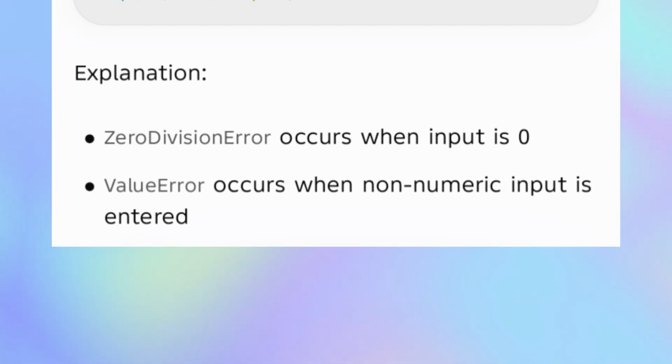Explanation: zero division error occurs when the input is 0. Value error occurs when non-numeric input is entered.